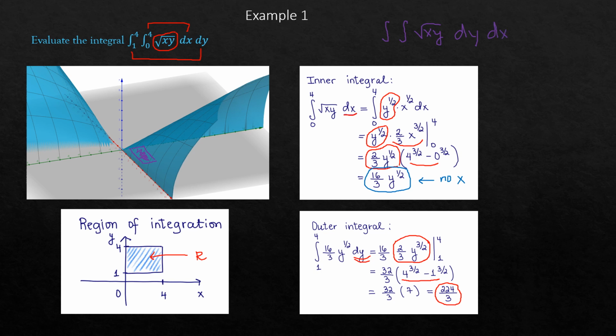And of course, we have to swap the limits. So what were the limits for y? The limits for y were from 1 to 4, and then the limits for x were from 0 to 4. So why don't you do that before jumping into the next example? And spoiler alert, you should get exactly the same answer.